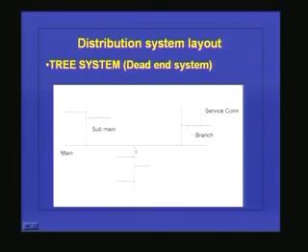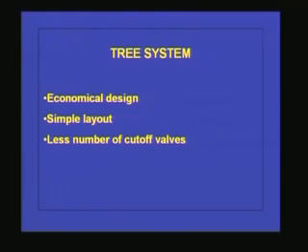If you look at this configuration, the number of cut-off valves in a tree system will be very few. So that is another advantage. Another advantage, though not in terms of layout, is that it is very simple to analyze.